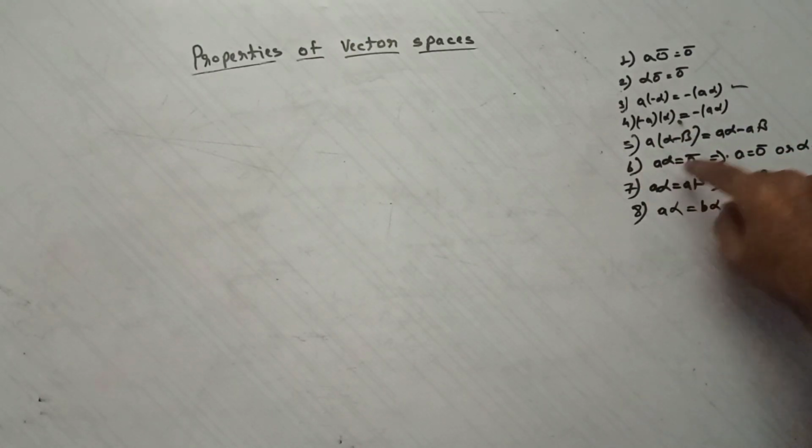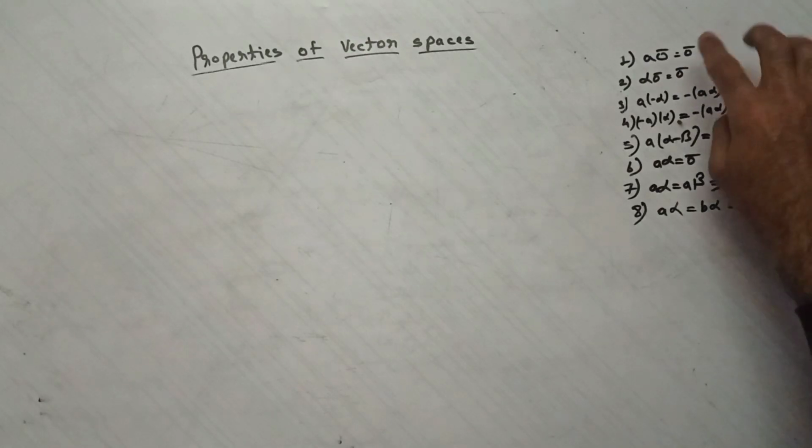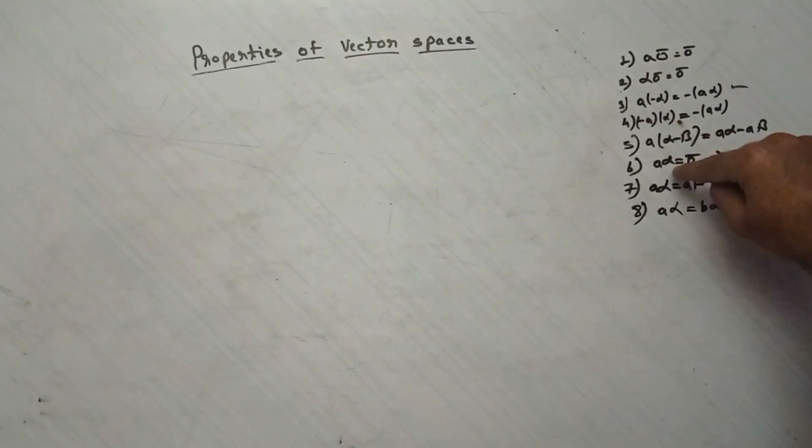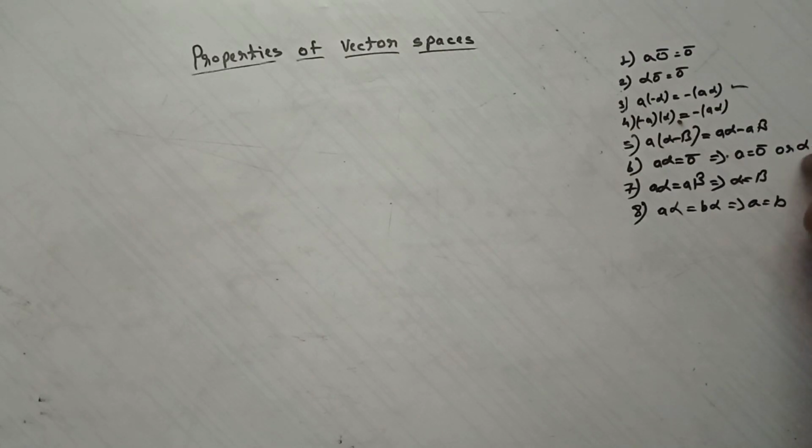In the sixth one, we take a alpha equals 0, so there we use an assumption. Suppose a is not equal to 0. When we are trying to prove that a equals the 0 vector, we use the contradiction method, taking the opposite of that.